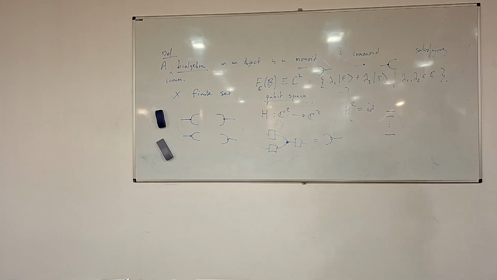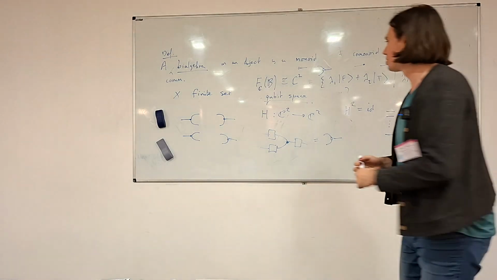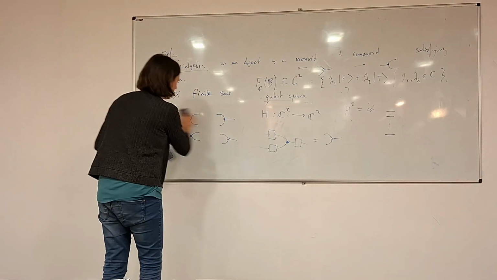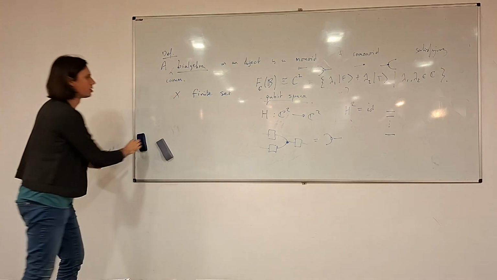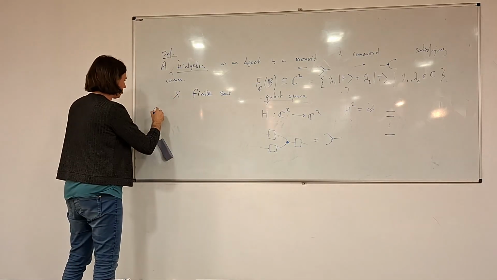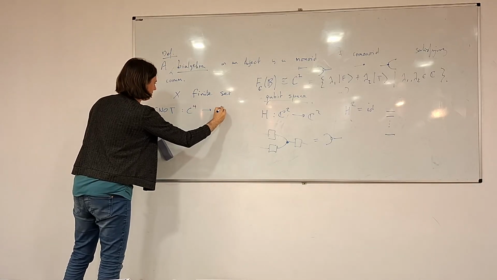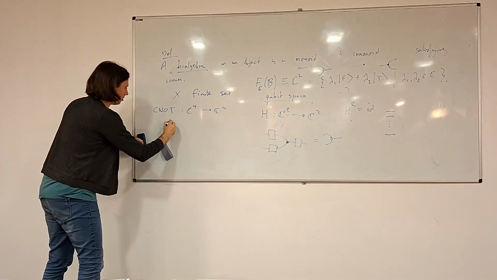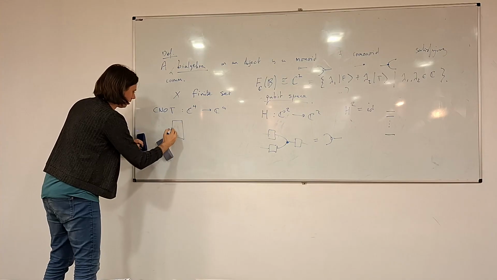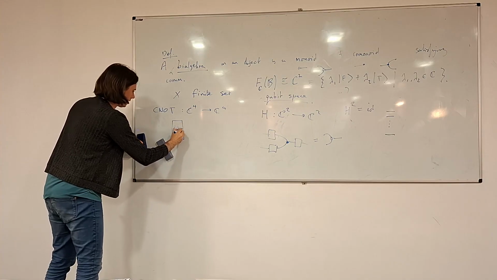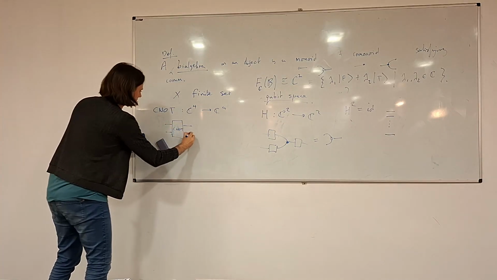So, for example, the most important quantum gate is a thing called controlled NOT. It's a map from C4 to C4, and it would normally be written in old school quantum circuit notation like this.